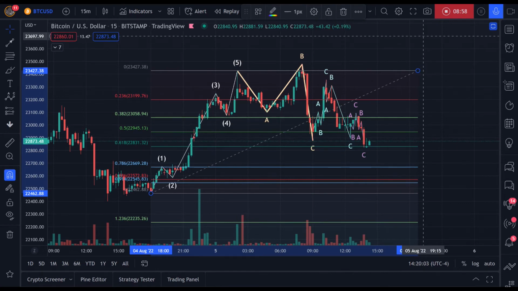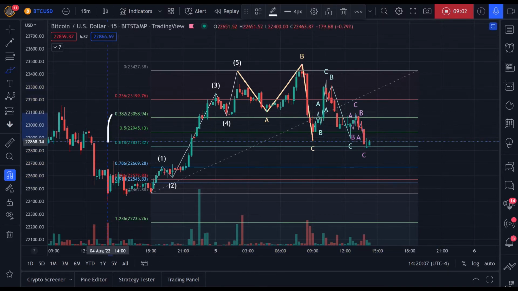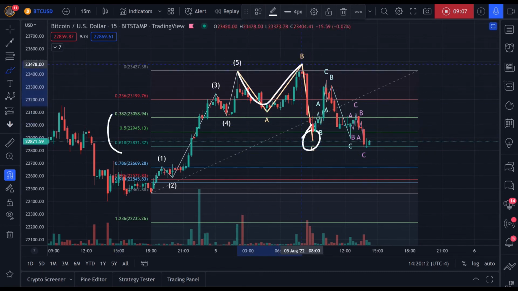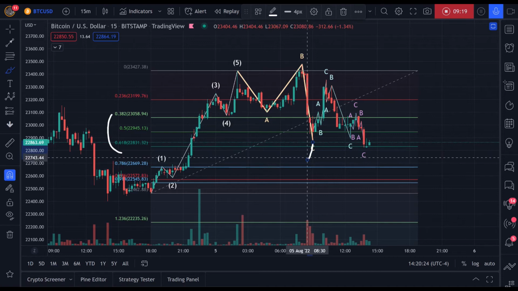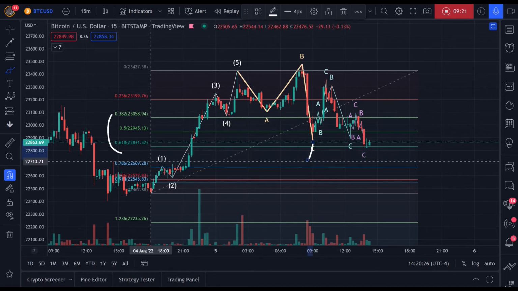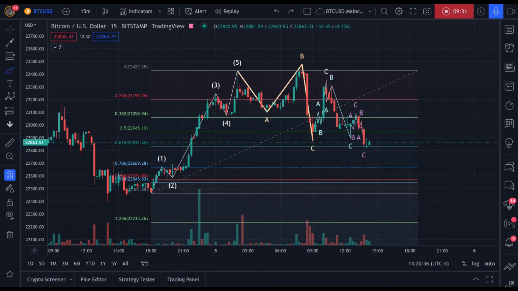Remember what we said, that wave 2 typically ends between the 382 and the 618, and that's exactly where this flat correction ended, closer to the 618. This is what you typically see, right? In my experience, if you get wicking beyond the 618, it's fine, just so long as it doesn't wick beyond the 50% level between the 618 and the 786, okay? So that's how I look at it.